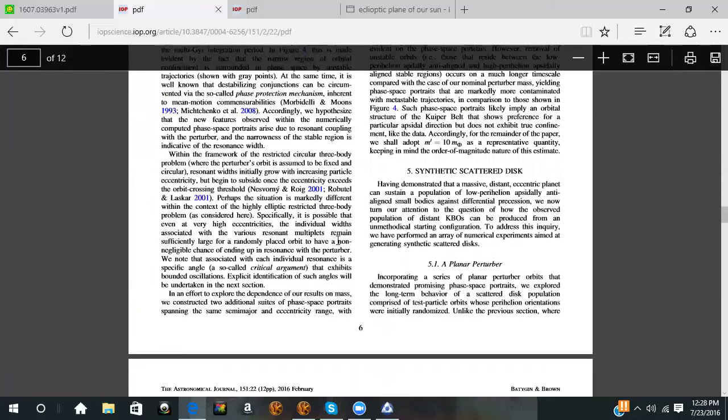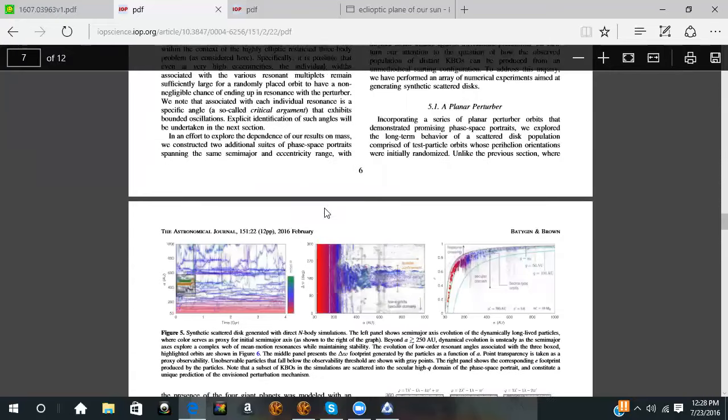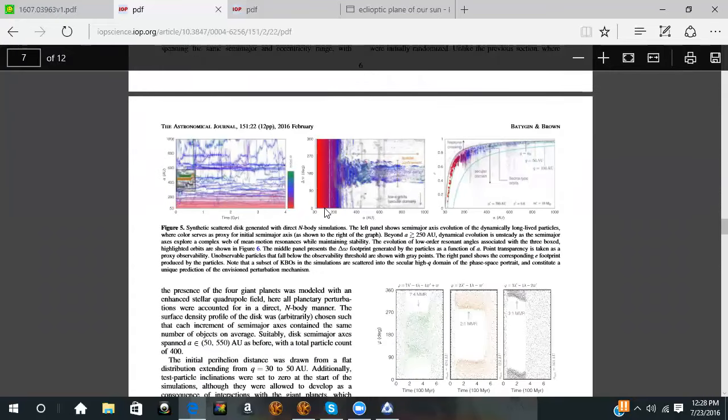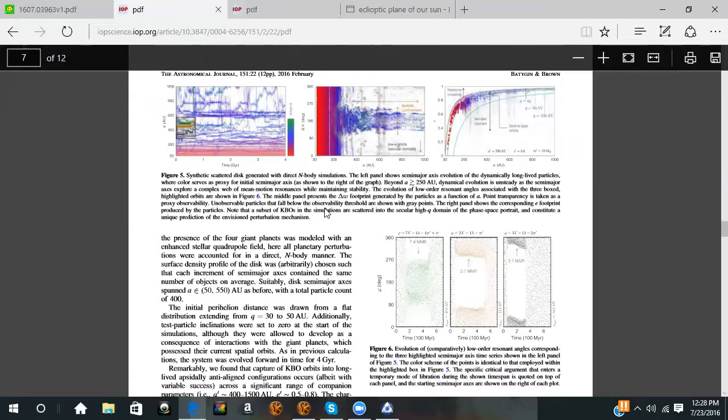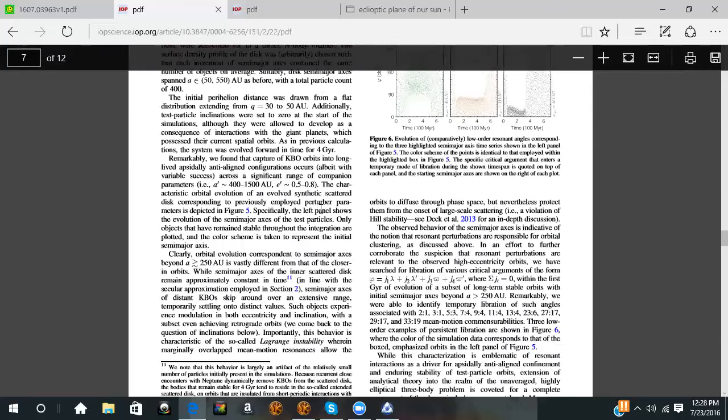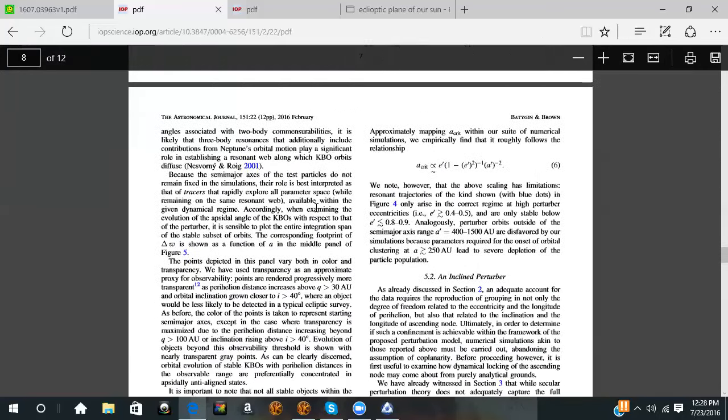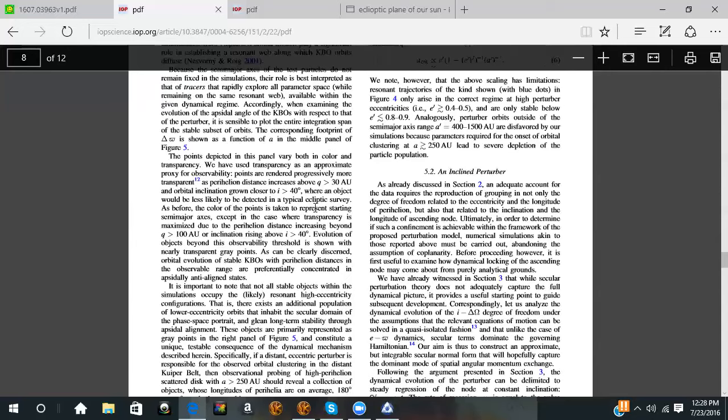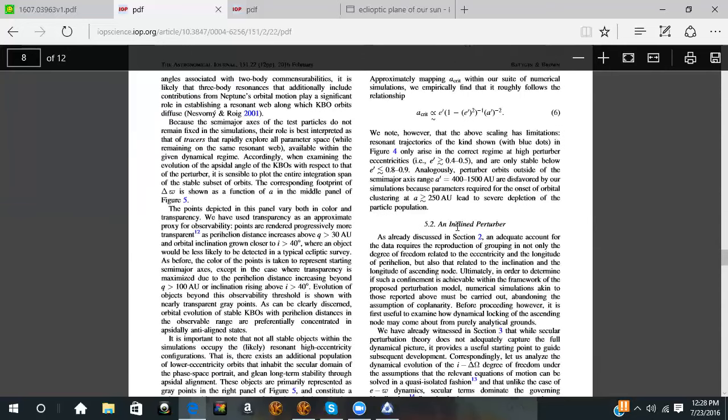All right, now synthetic scattered disk. That's another part of this, what they're talking about, this scattered disk of objects and random processes that they can do. But they realized that we have an inclined perturber, something that comes in from an inclined orbit from Mars.